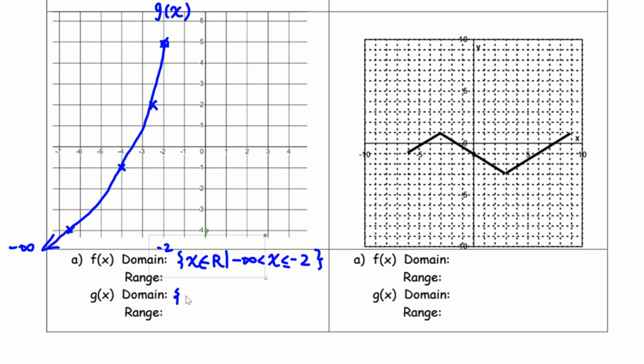This is for g at x. And for the range, y belongs all real numbers. The minimum for y is negative infinity and the maximum for y is 5.